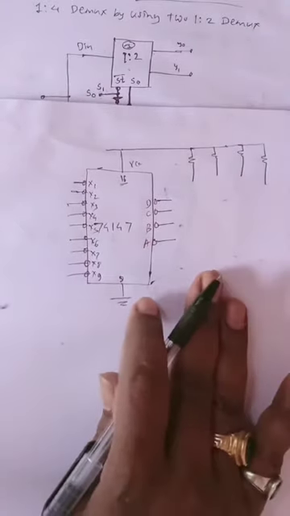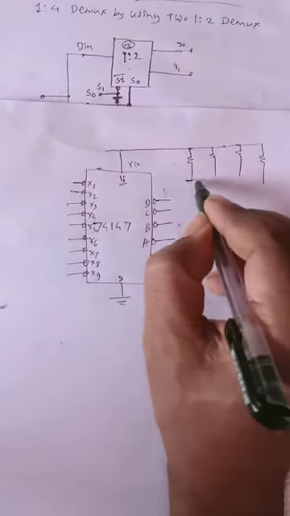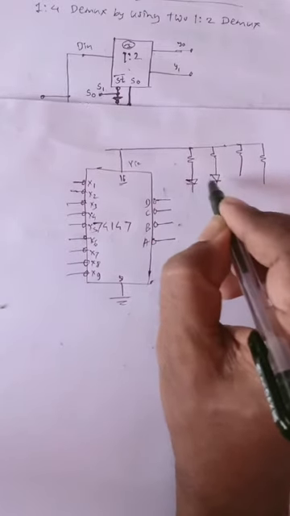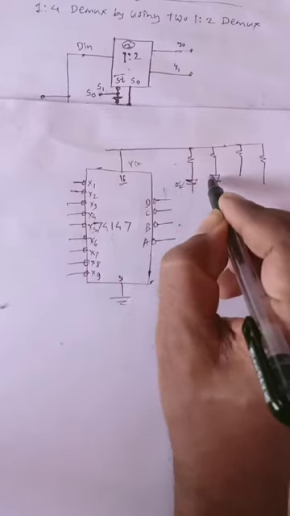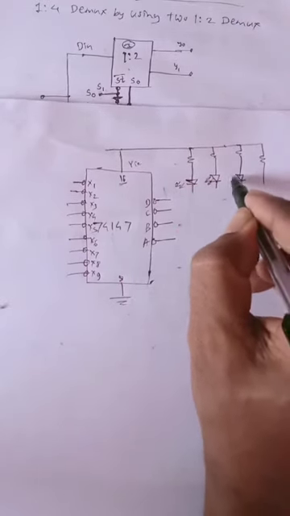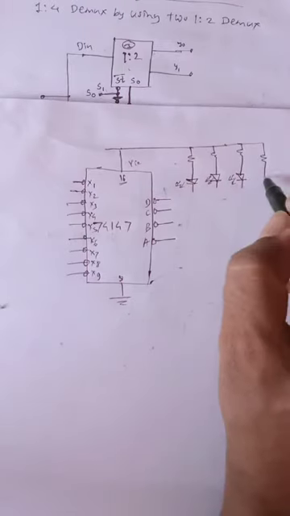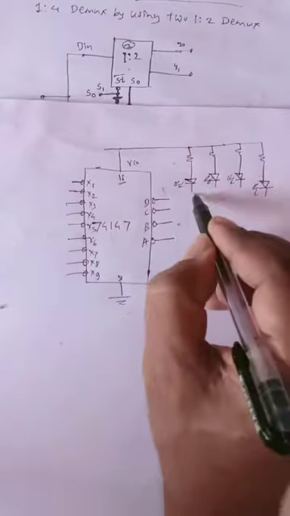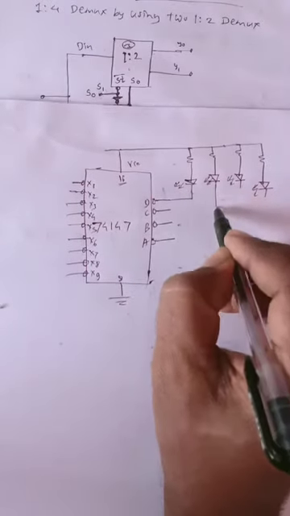This circuit is for practical purposes, so we are going to connect LEDs, which are light emitting diodes. The anode is already at plus VCC and the cathodes are connected to the particular outputs. So we connect like this.